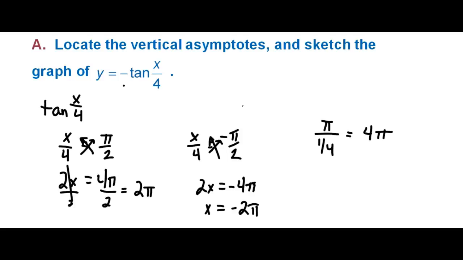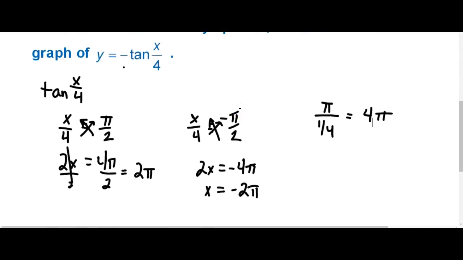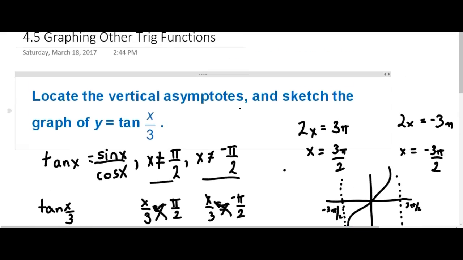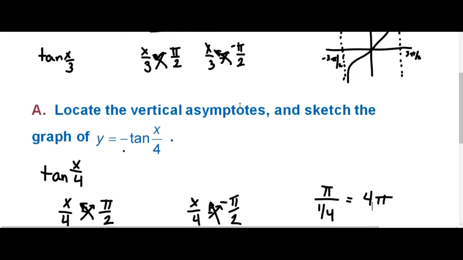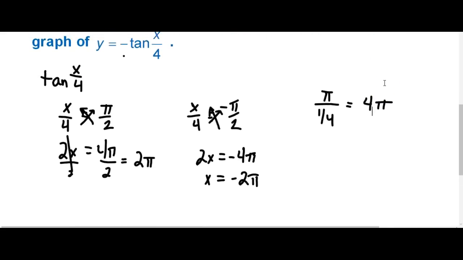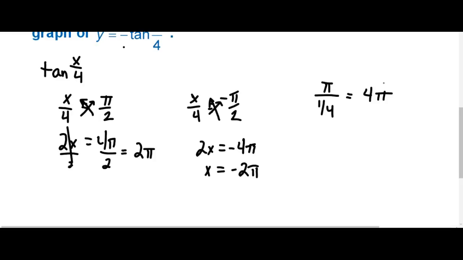The other thing that's going to happen is this graph is going to be vertically flipped because of the negative sign. So normally the tangent starts at negative infinity and moves up to positive infinity, but in this case it's going to be backwards. So let's go ahead and sketch it real quick, and then I'll show you it on the graphing calculator.